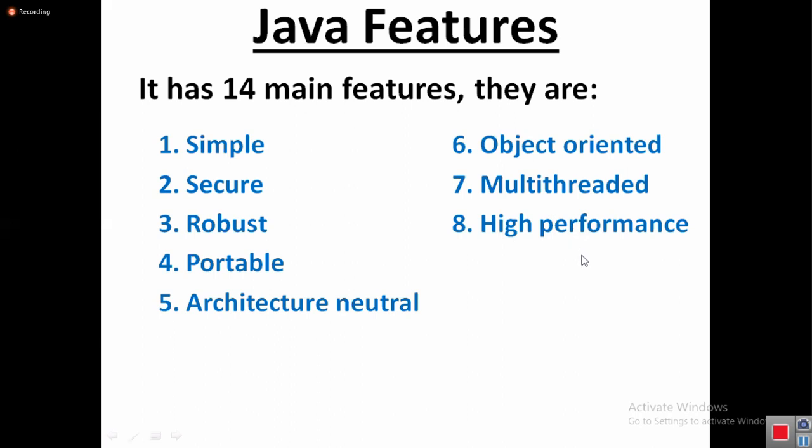From Java 1.2, 1.3 onwards, Java provides high performance with multi-threading plus one more concept called JIT. I will explain what the JIT compiler is in the coming classes, probably next week, Monday or Tuesday. Definitely on Tuesday you are going to learn the topic. Just-in-time compiler: I will tell you the meaning and everything. Just try to remember.